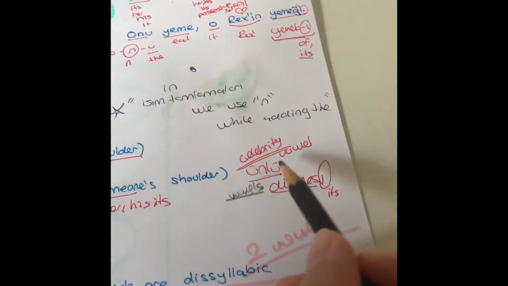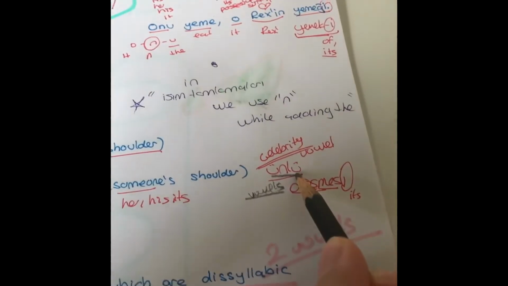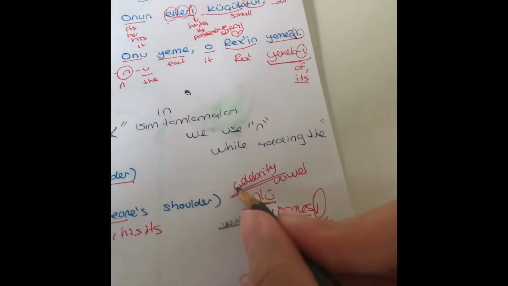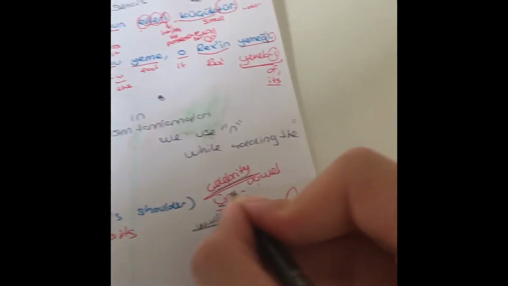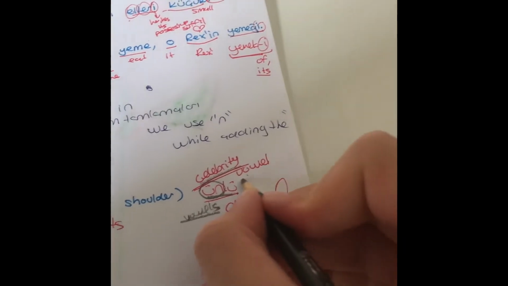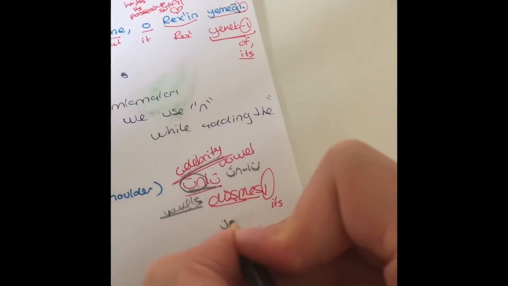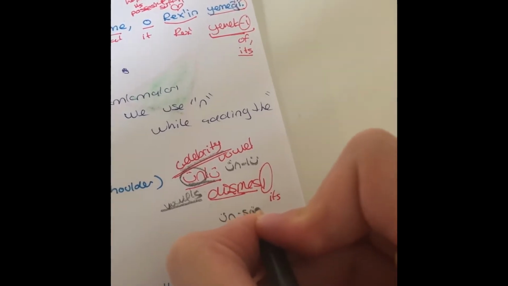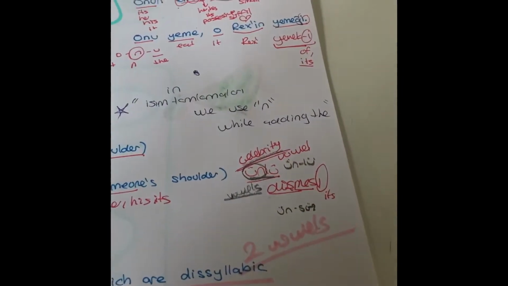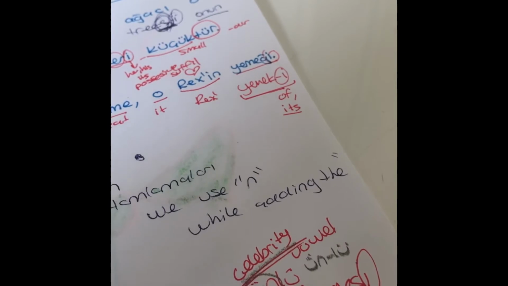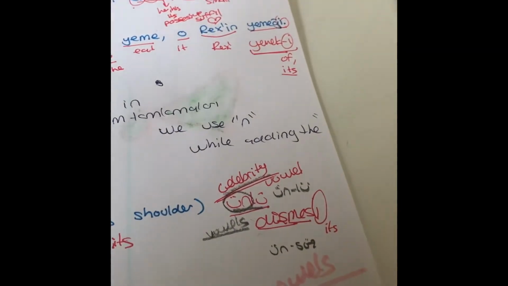So I said that ünlü means vowel, but it also means celebrity. And ün means fame, ünlü is famous and ünsüz is not famous. I also said that vowels are like celebrities in Turkish because you know the vowel harmony, it's so important.